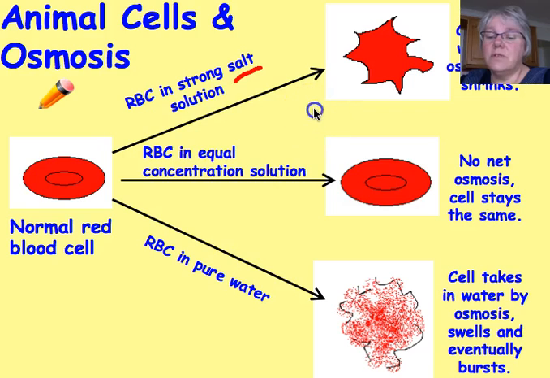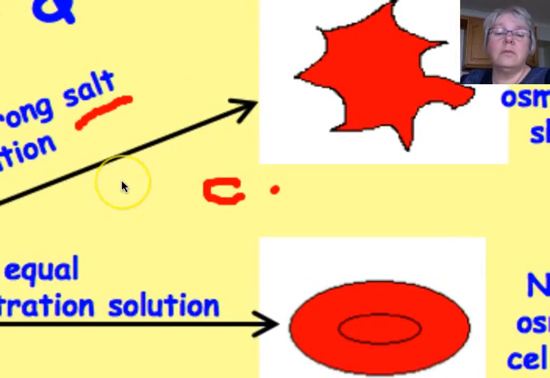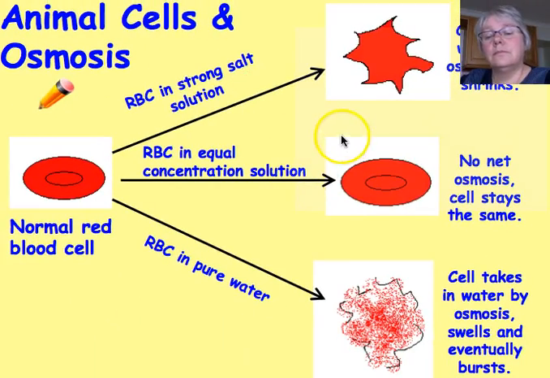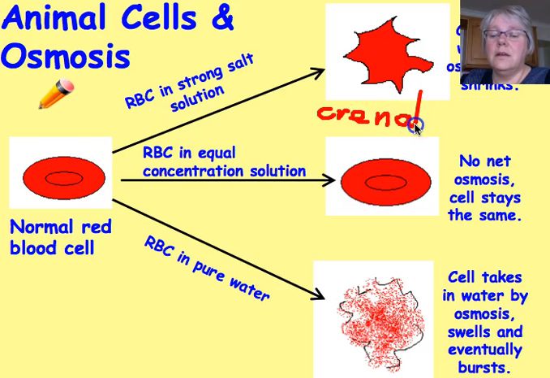There's another word we use for this, and that word is crenate, C-R-E-N-A-T-E. If you can't remember that word, shrink will do. If the red blood cell is placed in a concentration where it's equal, then again you get no net osmosis and the cell stays the same.